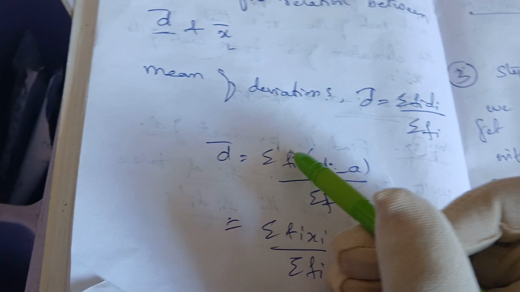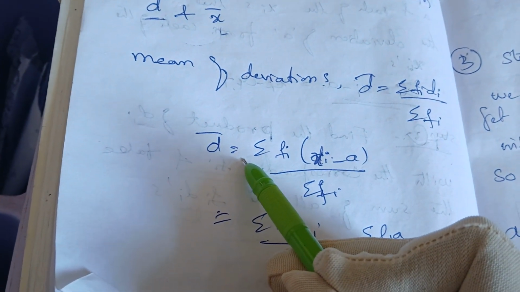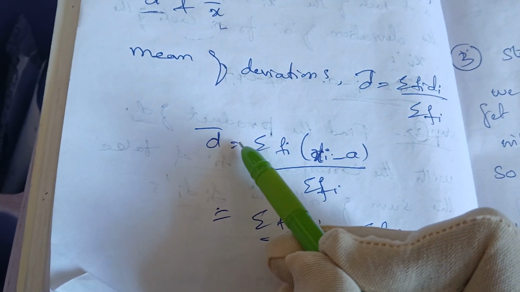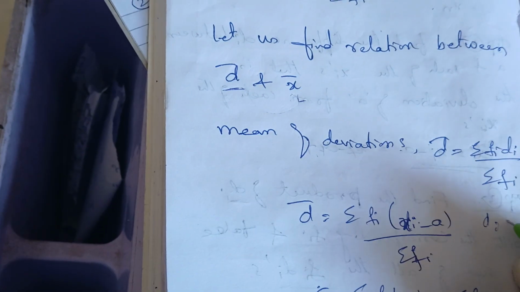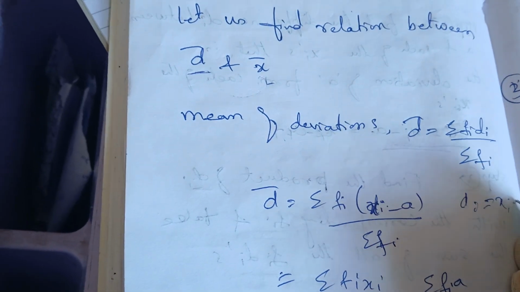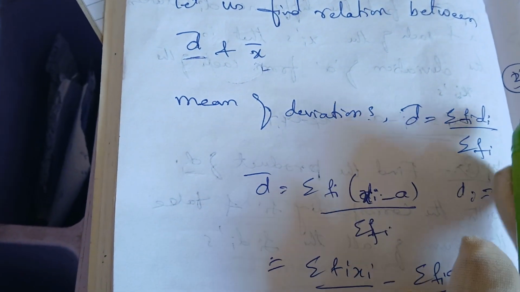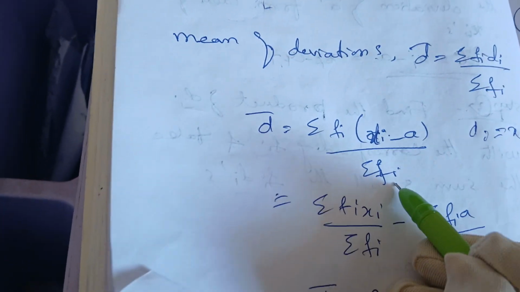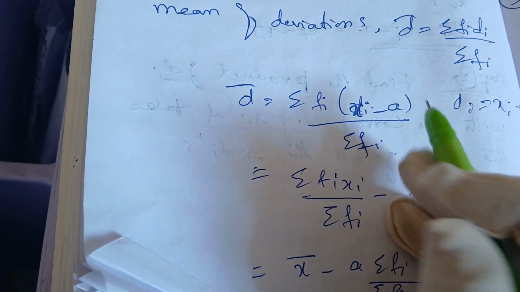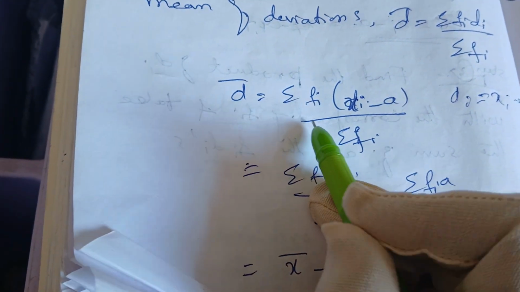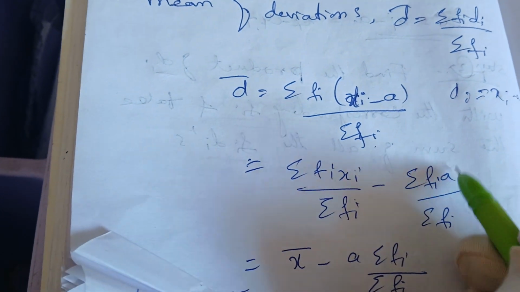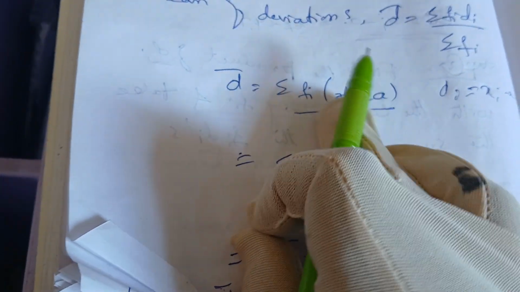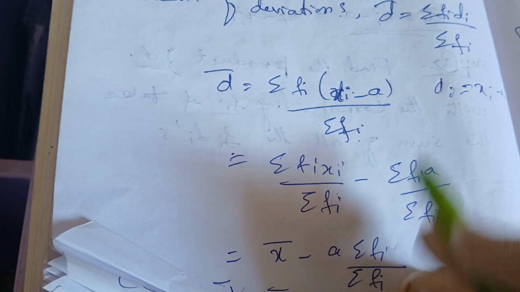So what we will do is write the formula. d bar equals sigma of fi di by sigma of fi. As we know that di is xi minus a, in the place of di we write xi minus a, sigma of fi. Now we multiply fi with xi and with minus a, and open the bracket.